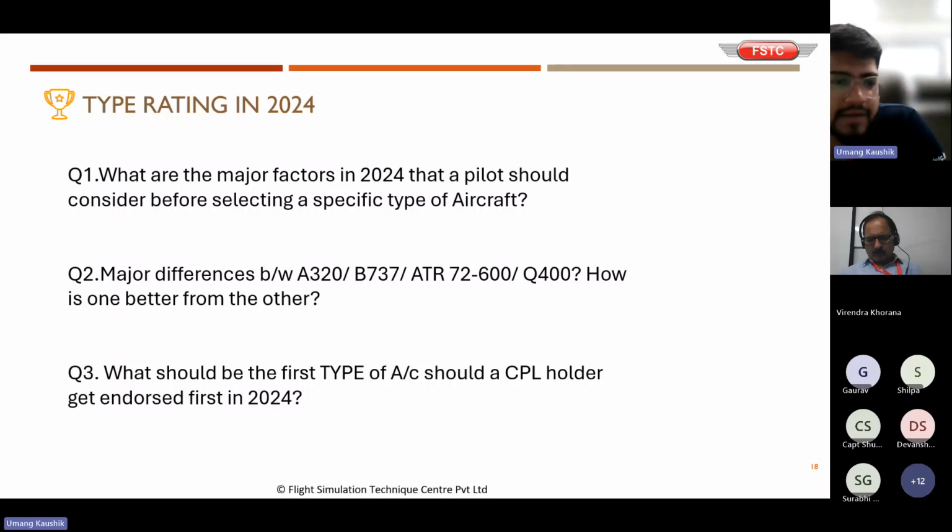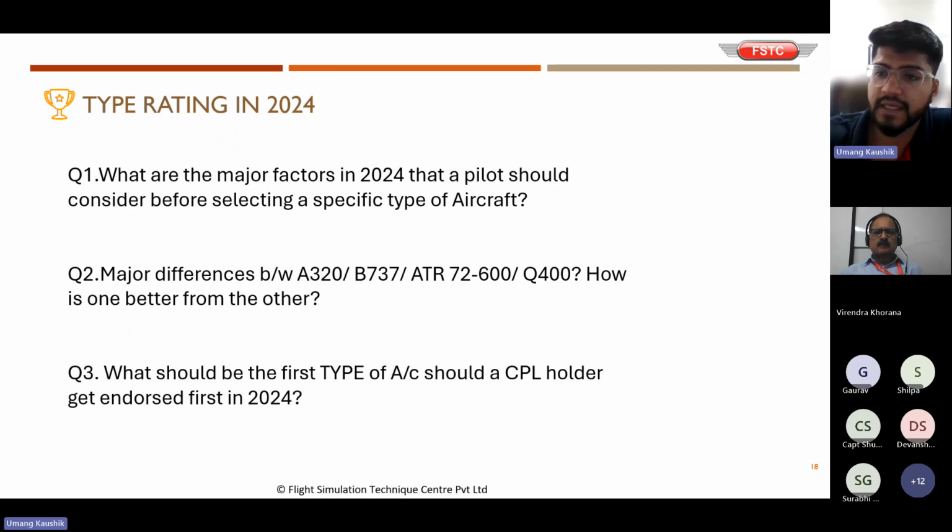Okay, I've been hearing this question from you guys, let me answer you. So, having a job with just CPL and having a job with type rating. What do you think will happen once you join an airline when you are just holding a CPL?